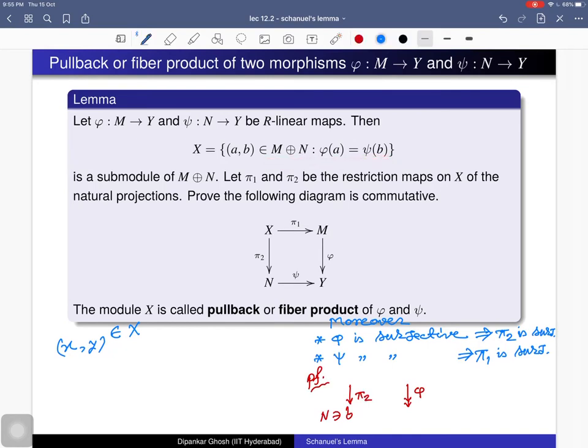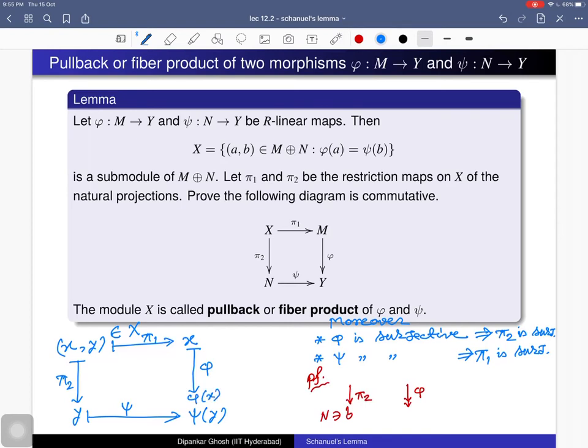Then if we apply pi 1 on (x, y), we will get x here, and if we apply pi 2 on (x, y), we will get y here. If we apply this horizontal map psi, it is just psi of y, and if we apply this vertical map phi, it is phi of x.